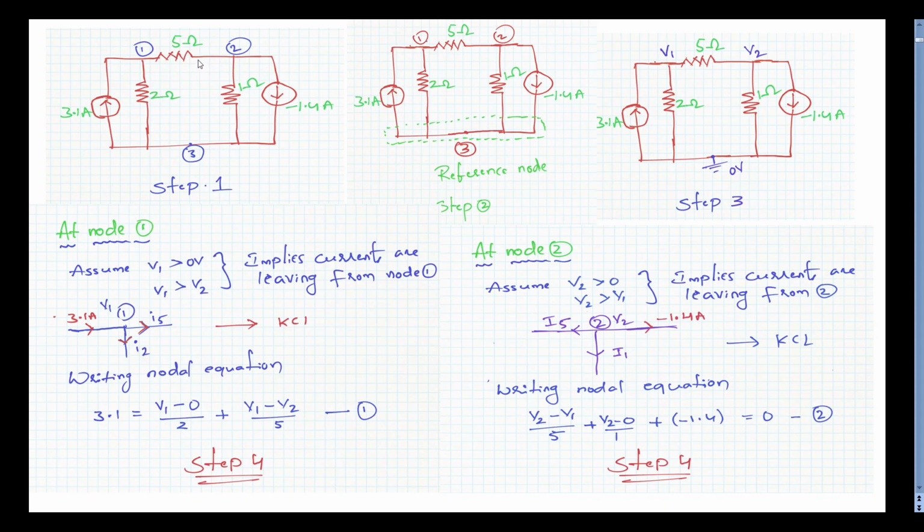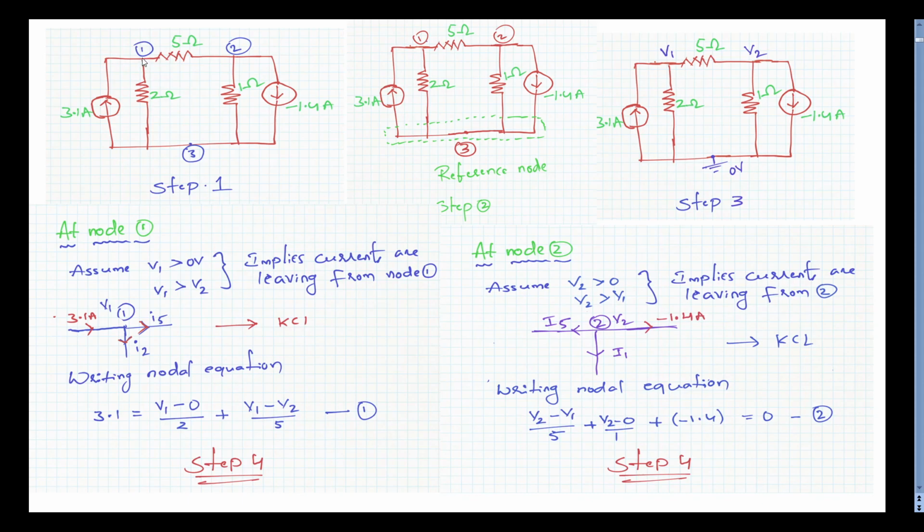This is the circuit we are going to solve using nodal analysis. This circuit has 5 elements and the number of nodes in the circuit is 3. So what is a node? A node is a point of interconnection of elements.